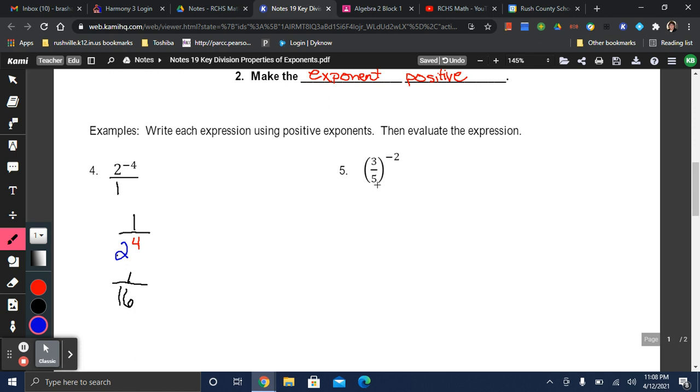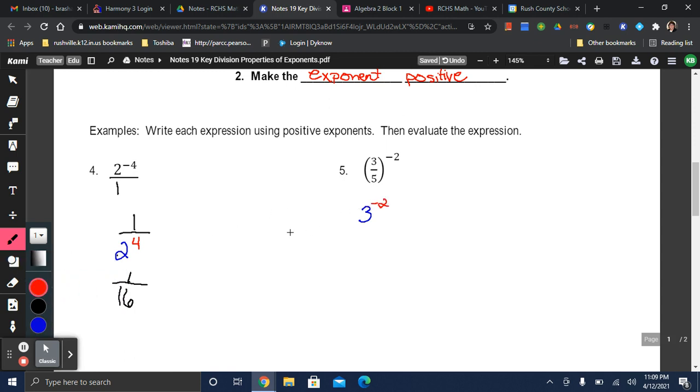Or actually, another good first move that I like to have students do is to remove the parentheses. So that's how I'm going to handle this one. We're going to remove the parentheses. So the 3 will get the negative 2 power.